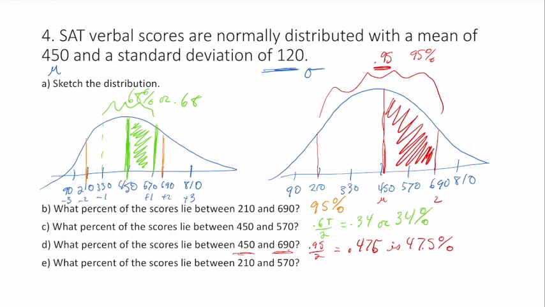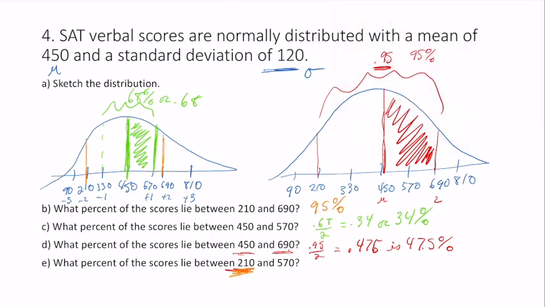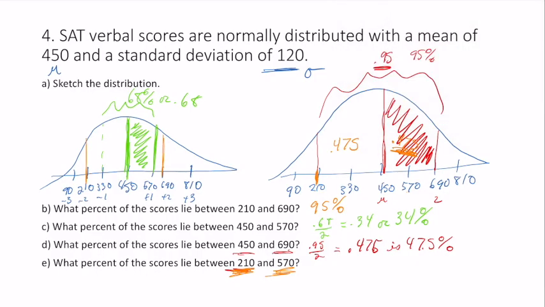Last but not least, I want to know what percentage of scores lie between 210 and, let's do this in orange again, 210 and 570. So 210 marks our second standard deviation. If the area over here is 0.475, then the area over here is going to be 0.475. What do we think the area between 450 and 570 is? Let's erase a little bit.